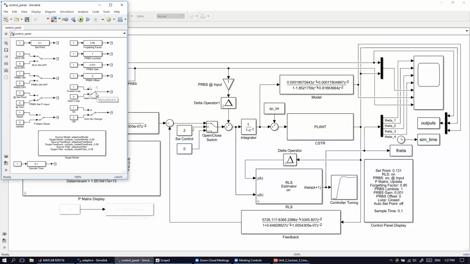And then after a while, I am going to close the loop, so that the controller gets into the loop. Here I have a set point change, and here I can turn on and off the estimator, so the update.